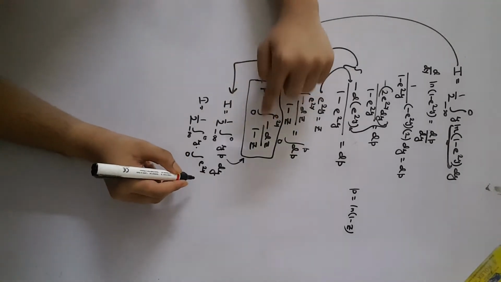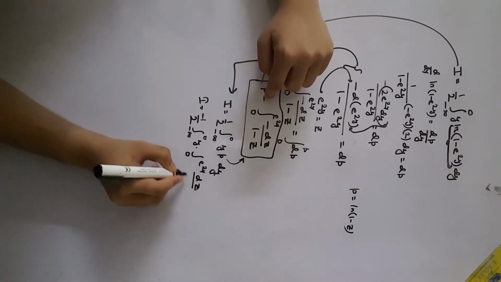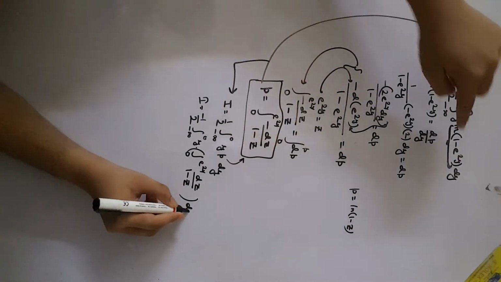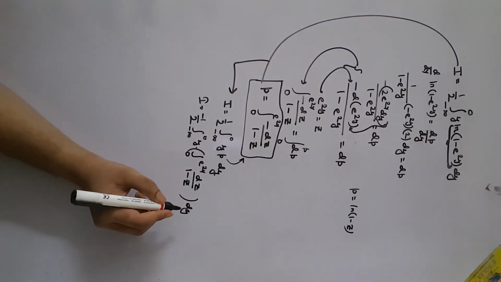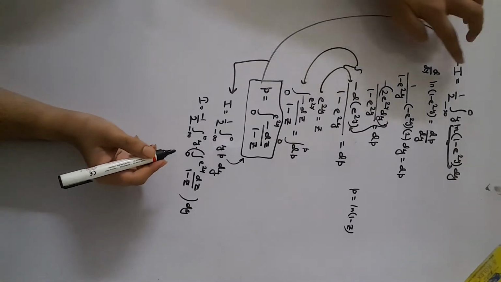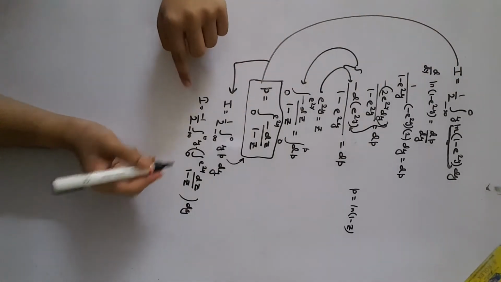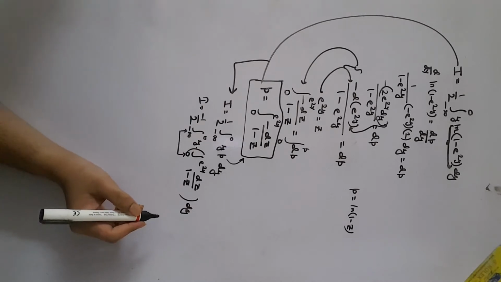I am taking this negative sign out, so it will be dz divided by 1 minus z, and the whole thing is enclosed within dy. So you need to take this into account too. This is important. Now you can see that the single definite integral is now being converted into a double definite integral.